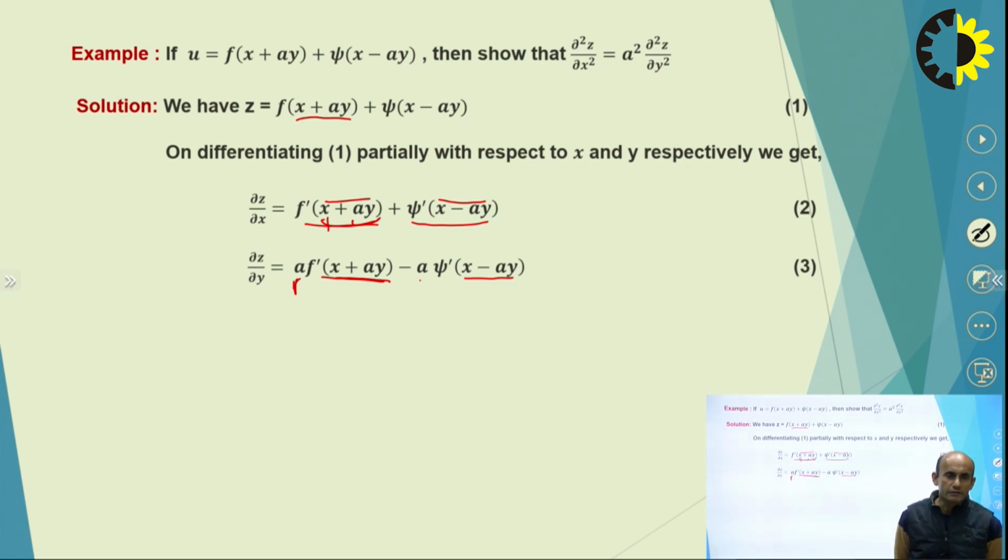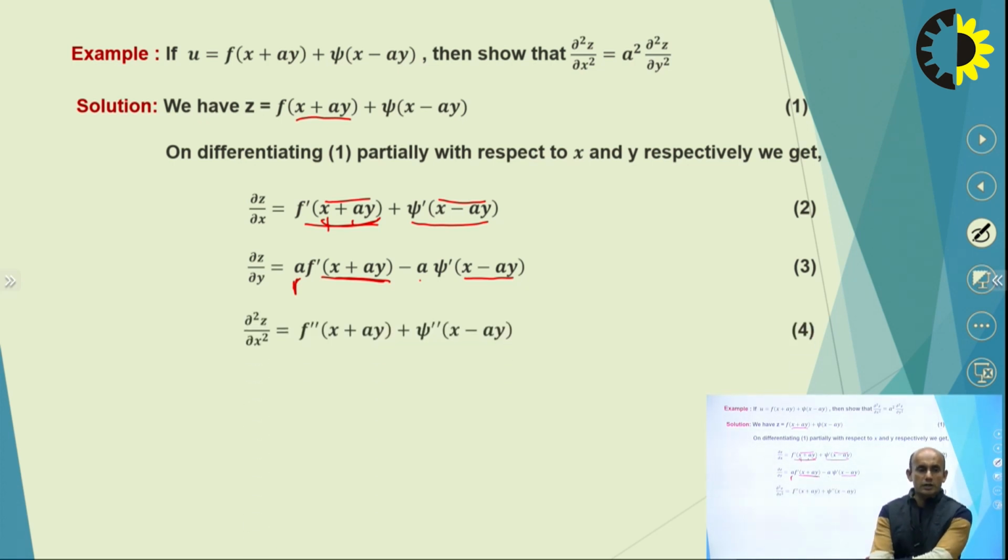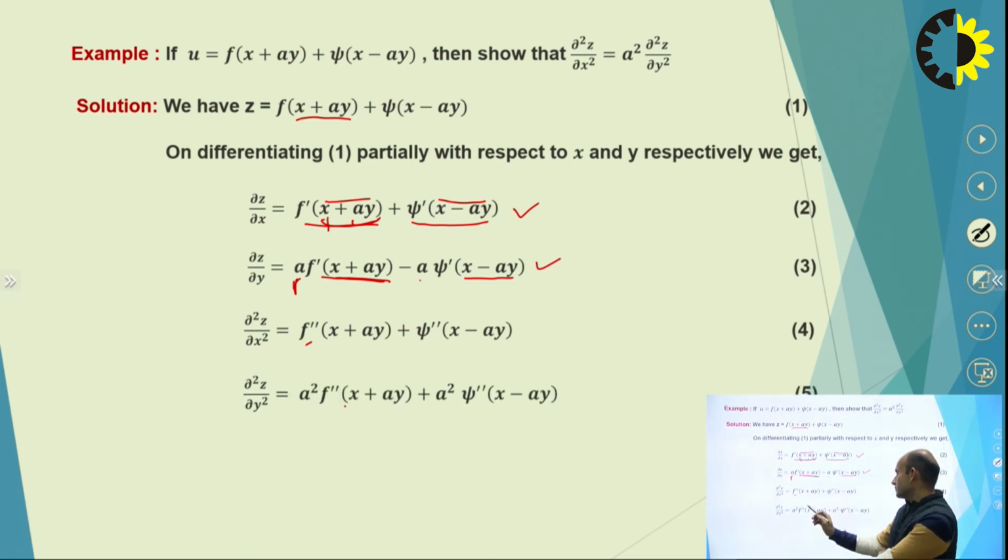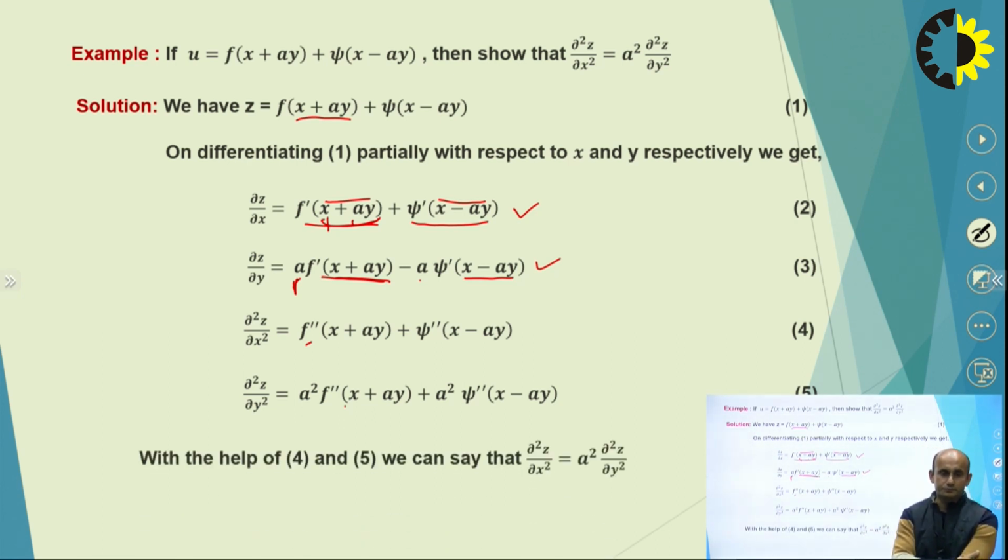And del 2z upon del x square means again differentiation of this function with respect to x. So again we get f double dash x plus ay and psi double dash x minus ay. And if we differentiate del z upon del y with respect to y, then again we get a square f double dash x plus ay and plus a square psi double dash x minus ay.